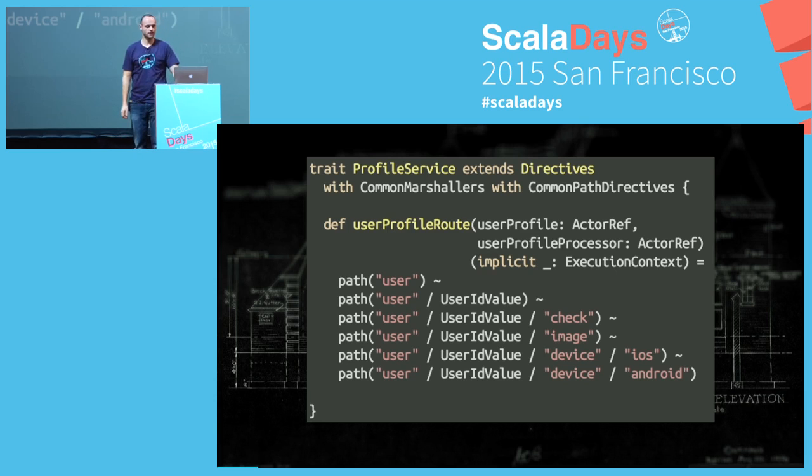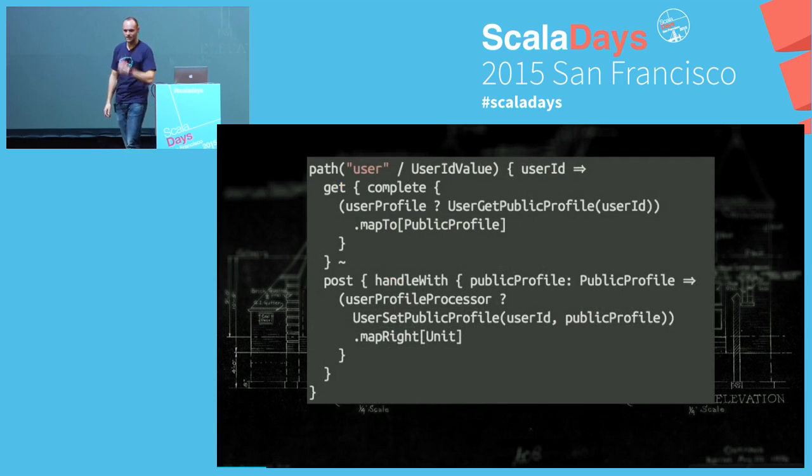So expanding one of these paths in more detail, let's take a look at the one that allows us to update and get the user's profile. So it's user followed by a parameter that is a Java UUID that is extracted from the request. And now if the method is HTTP get, then I will complete the request by asking the user profile. Now this is, remember, an individual actor somewhere in the cluster.